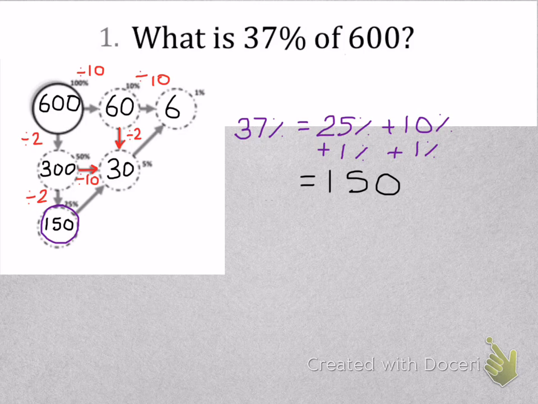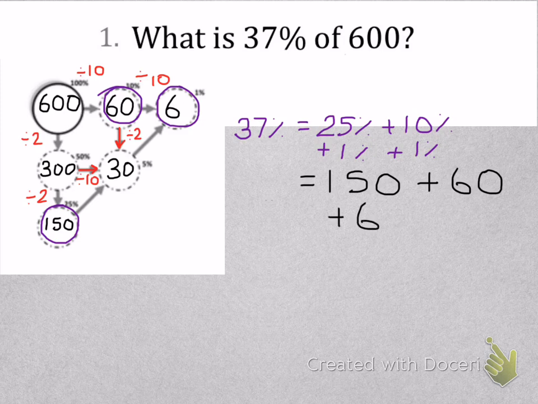Let's look on our diagram, and 10% is there. I need one of those, and I need to add that on. Plus 60. Okay. What do I need to have now? Well, now I need to go to my little ones. I need to go to my 1%, which is 6, and I'm going to need 2 of those.